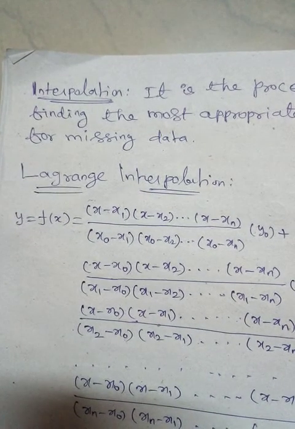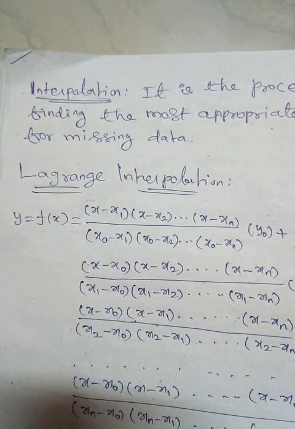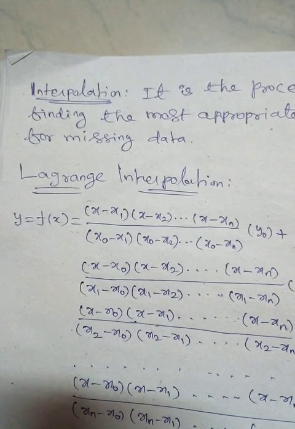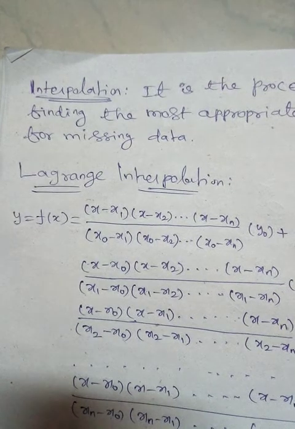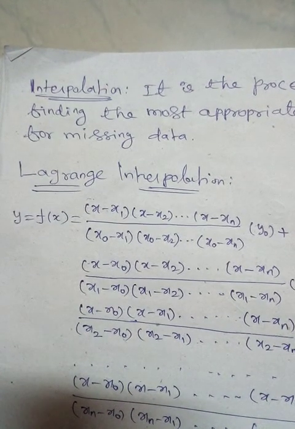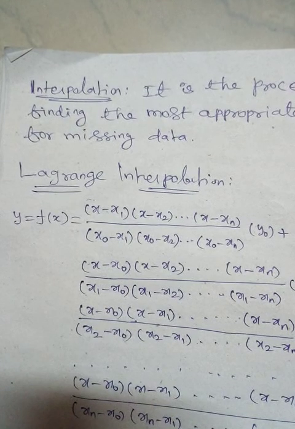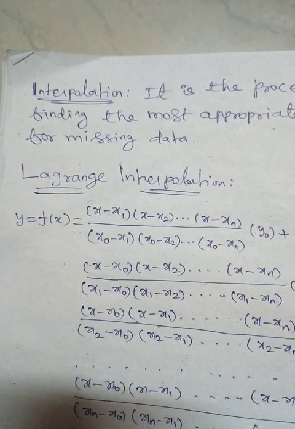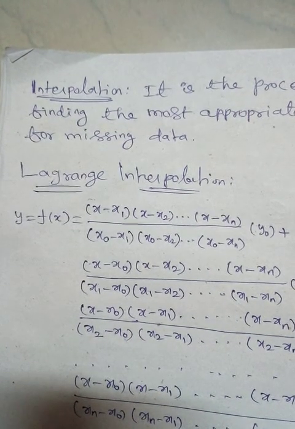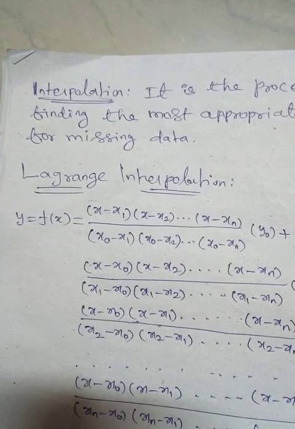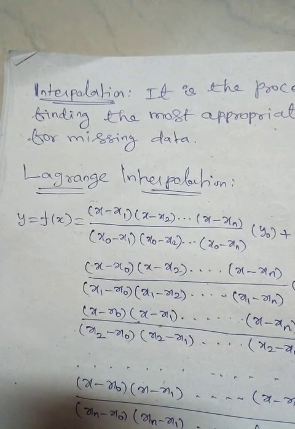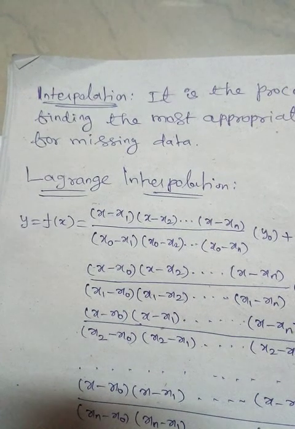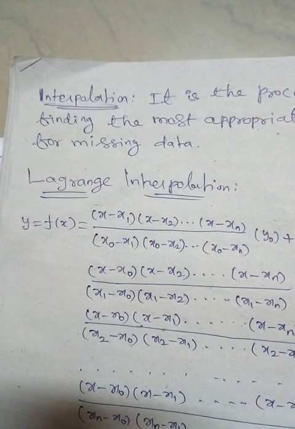So the difference, 1 minus 0 is 1, 2 minus 1 is 1, 3 minus 2 is 1. If the x values are equally spaced, we can use Lagrange's interpolation formula. So please remember, that is very important. When we are going to apply Lagrange's interpolation formula, see the data. If the x values are equally spaced, let us use Lagrange's interpolation formula. Are you clear?